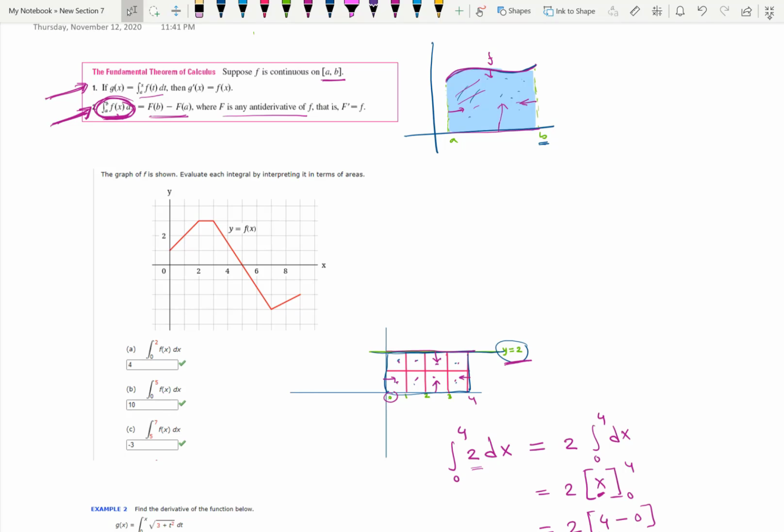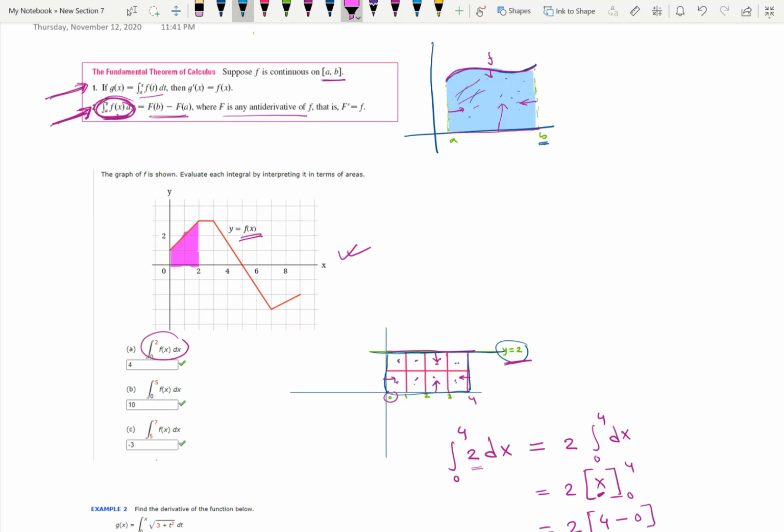In your homework you have some problems like this one. Here we are given the function f of x and we need to find the area from 0 to 2, this part. It would be below the function, above the x-axis and between the limits.